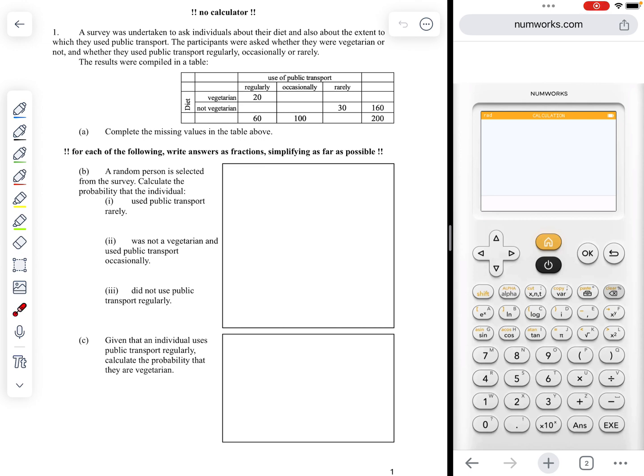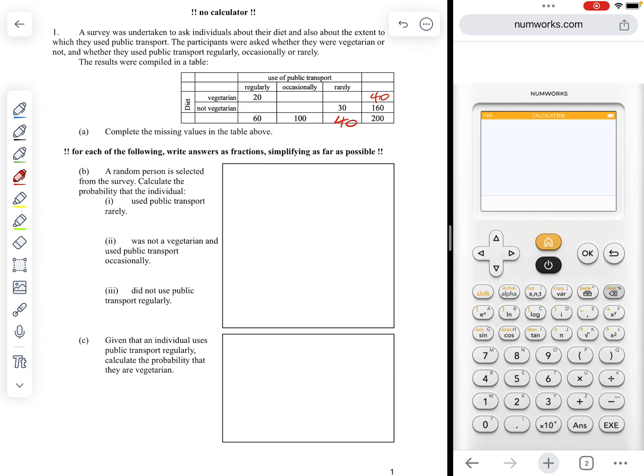Along the bottom we have these three subtotals that would give 200, so doing a subtraction, that would have to be 40. Then looking at the subtotals on the right, in order to have an overall total of 200, we would need 40.